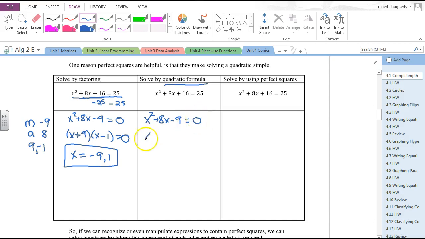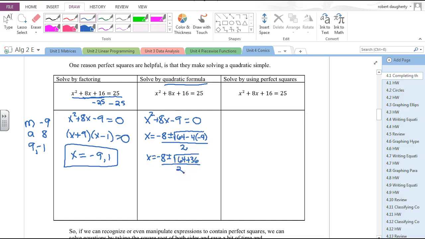This means that x equals negative 8 plus or minus the square root of 8 squared minus 4 times negative 9, over 2. This is no longer algebra, this is arithmetic. So x equals negative 8 plus or minus the square root of 64 plus 36, over 2.